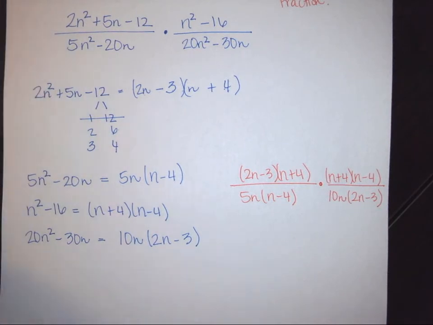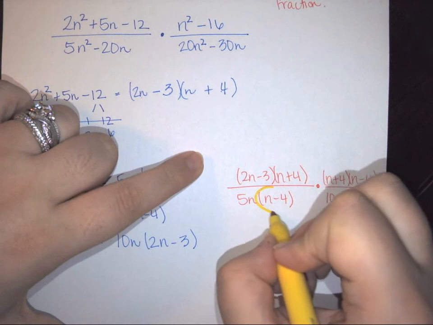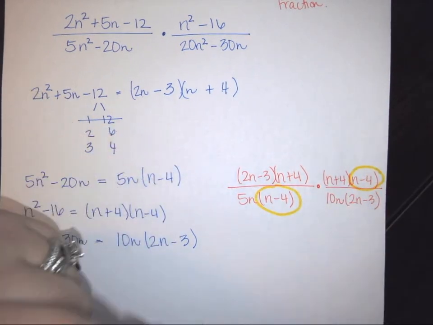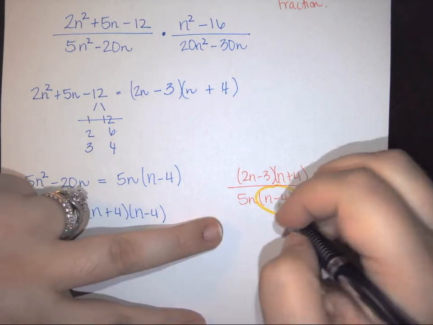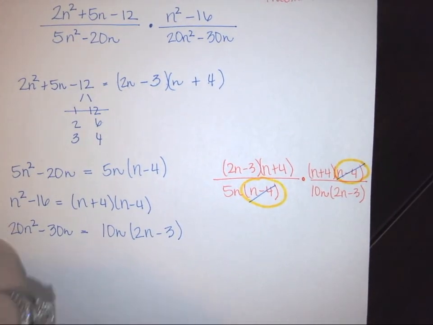So the first thing that I would look at is the fact that I have this n minus 4 and an n minus 4. So these I can cross out and they'll completely go away.